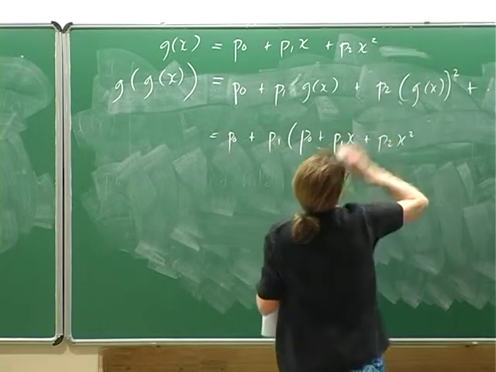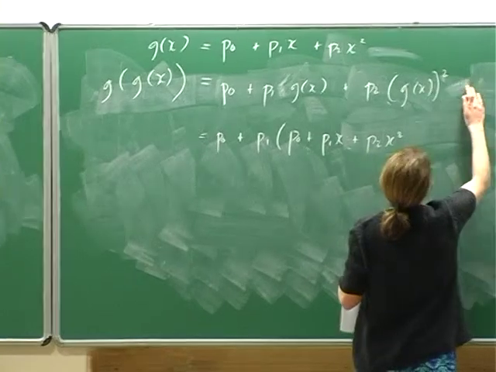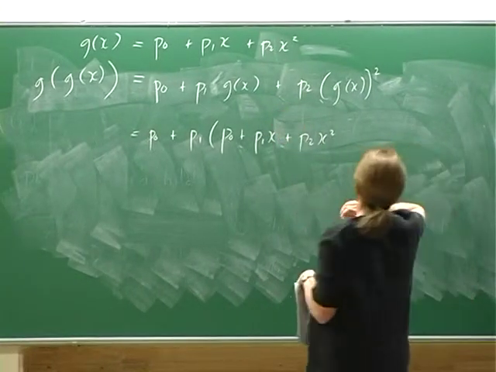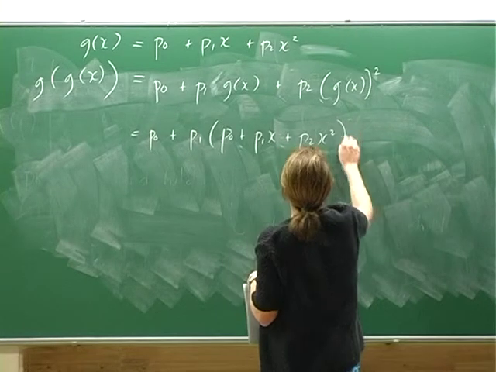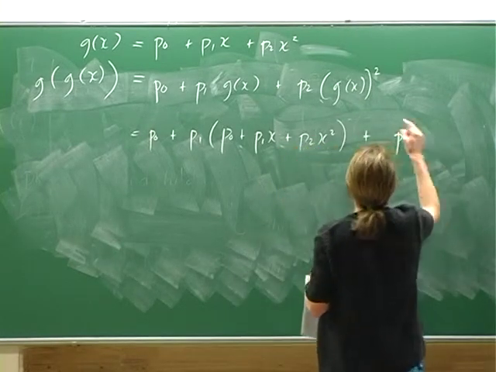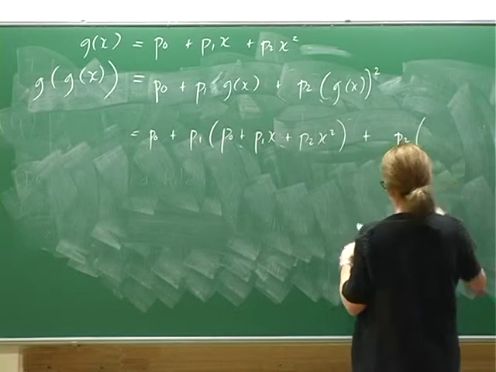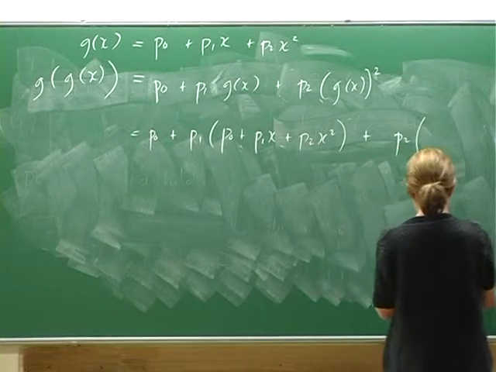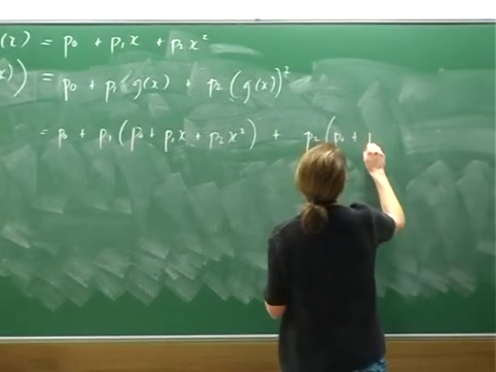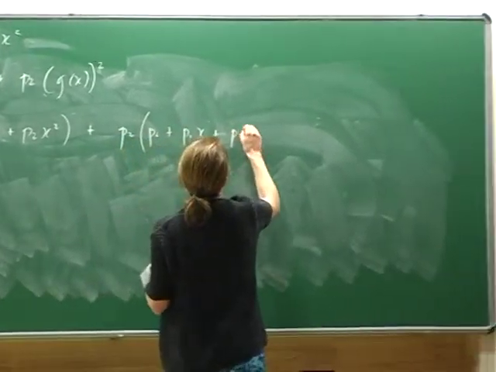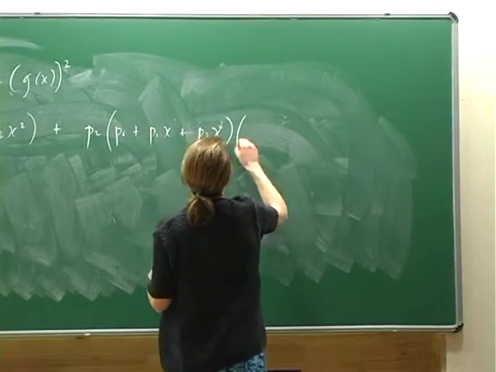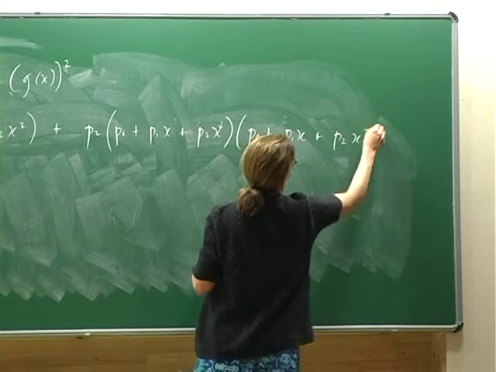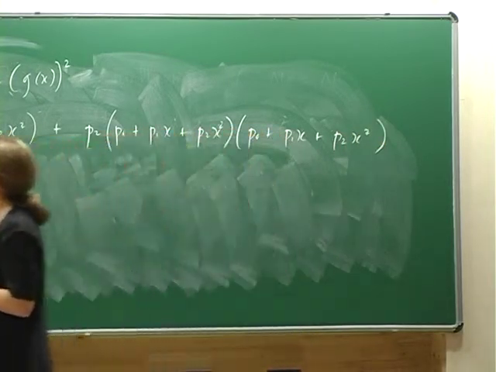Actually, let's just do that g of x that only has 3 terms because it'll make our lives easier. P2x squared and P2 times g of x all squared, which is a little bit of a mess. Let's just do it like this. Okay.